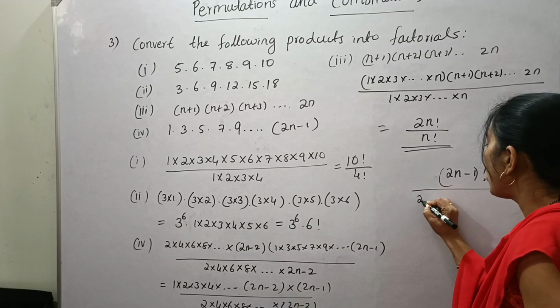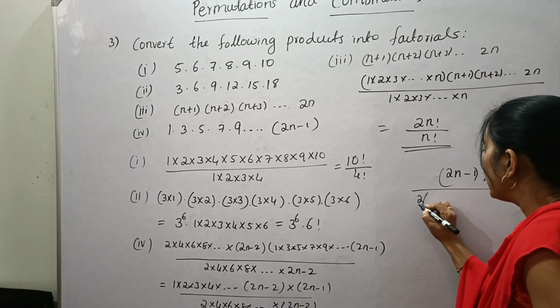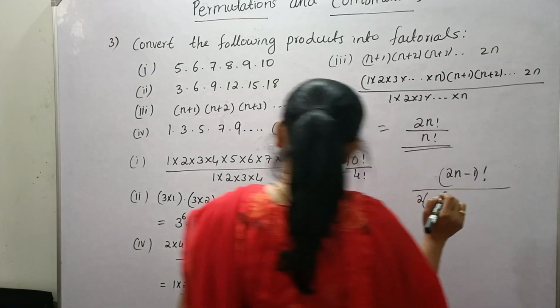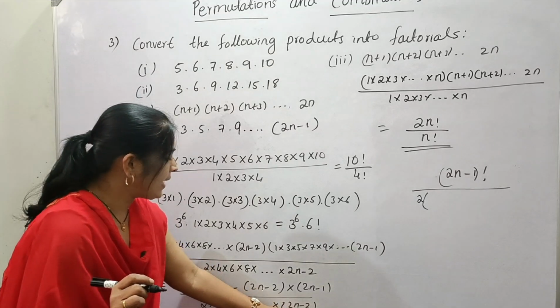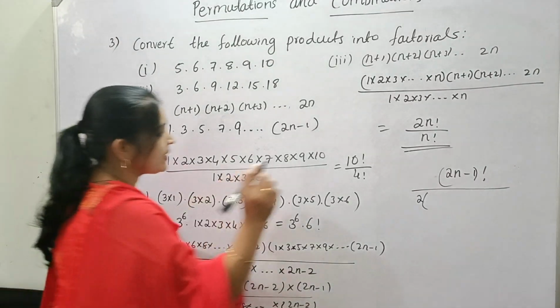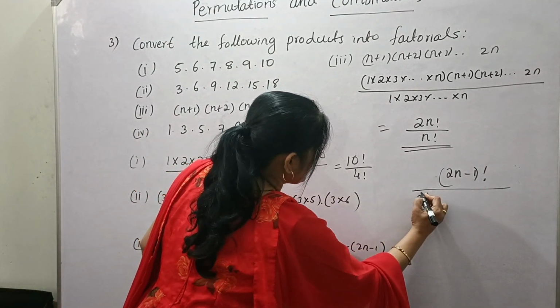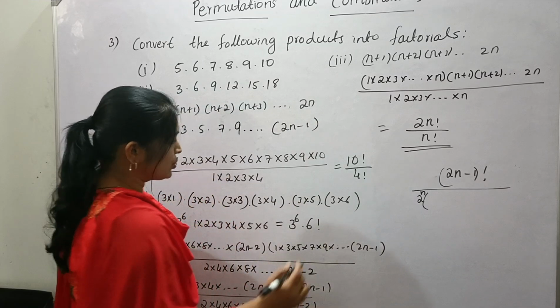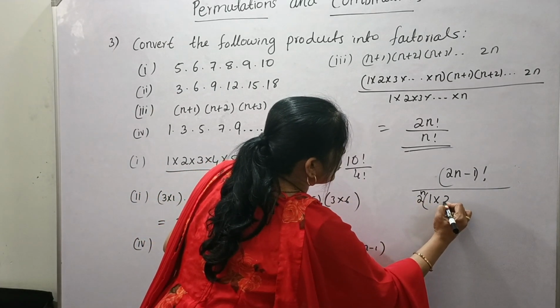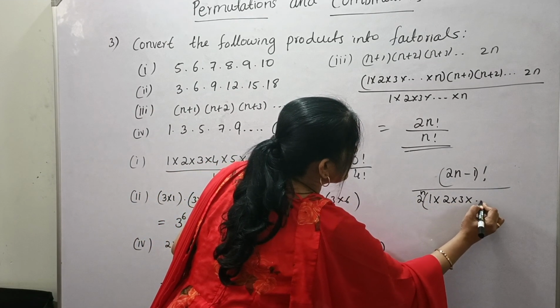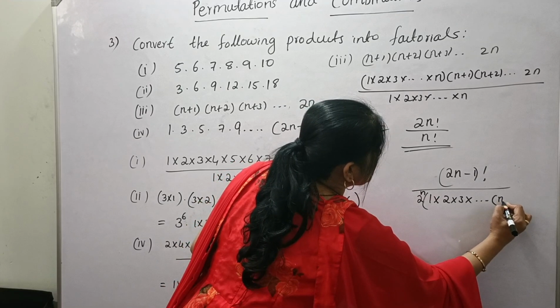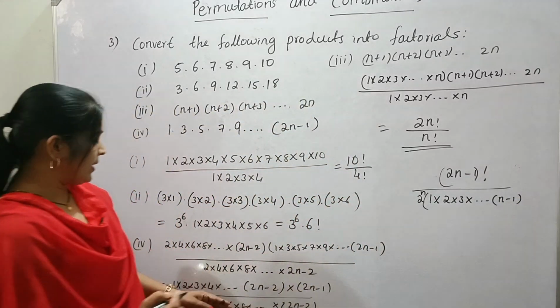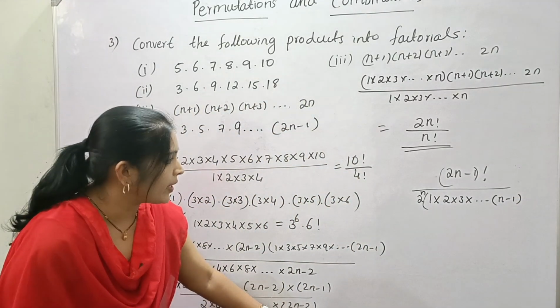If you take 2 outside, n numbers are here, right? That is 2 raised to n into 1 into 2 into 3 into etc. into n minus 1.